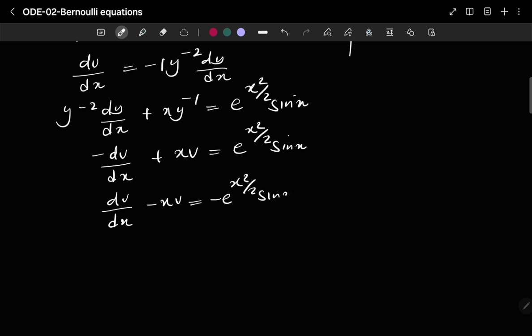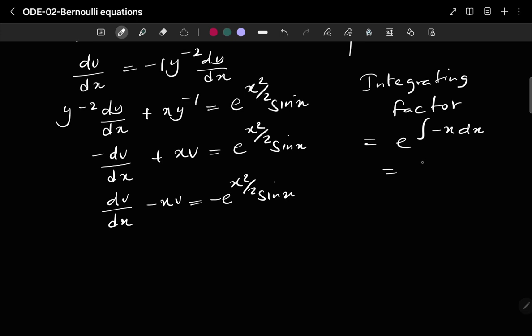Now determine the integrating factor, which is e^(∫p(x) dx). Here p(x) is -x, so we get e^(-x^2/2).